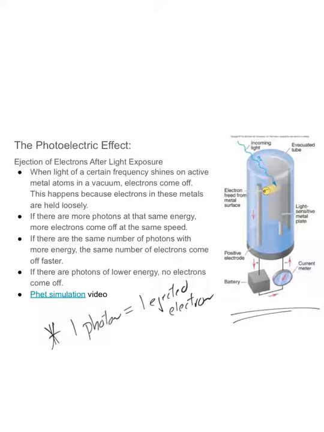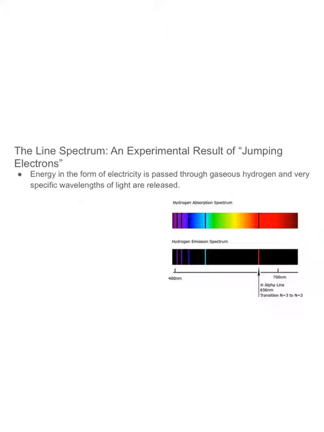If we had 74 joules of energy, no electrons would be emitted. But if we had 75 exactly, we could emit one electron. If we then pumped it up to, say, 100 joules, we can still emit electrons, but it's going to be at a rate that's a little bit greater based on the more energy that's been added. So that's really important to understand about the photoelectric effect.